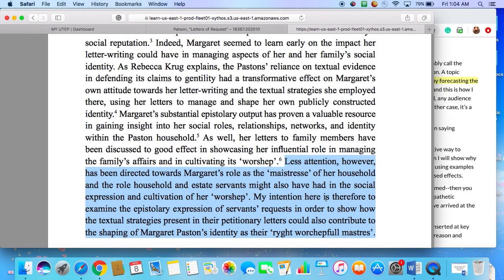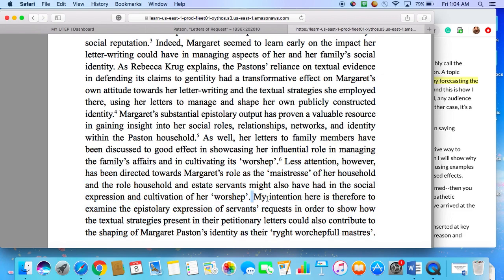My intention here is therefore to examine the epistolary expressions of servants' requests in order to show how the textual strategies present in their petitionary letters could also contribute to the shaping of Margaret Pattenson's identity as their right worshipful mistress.